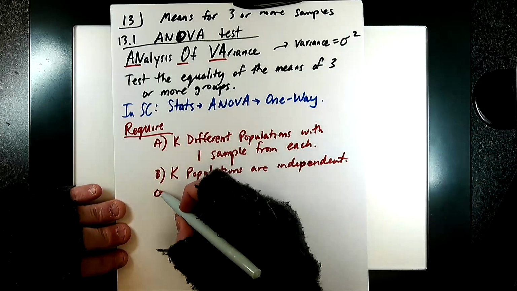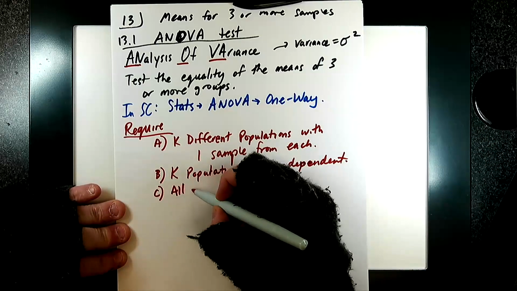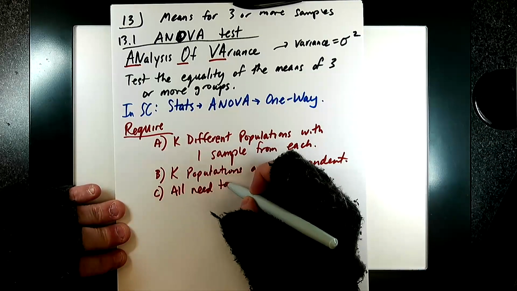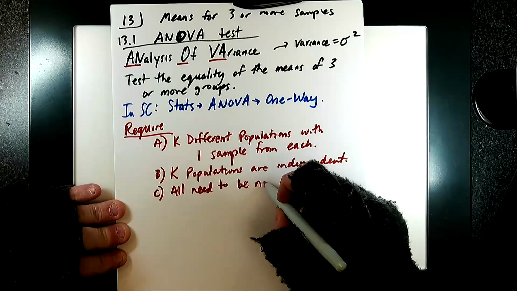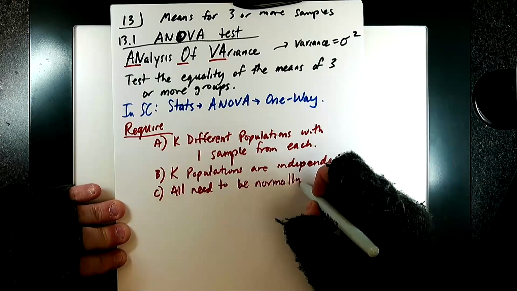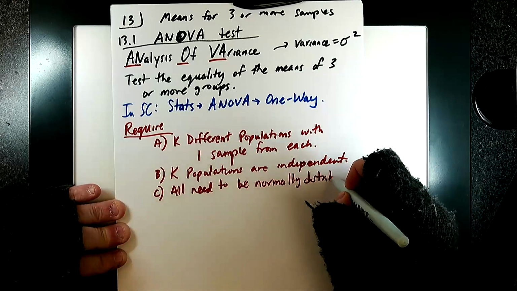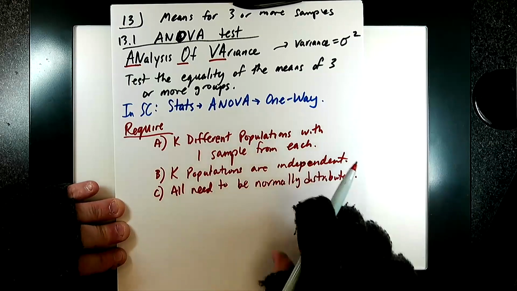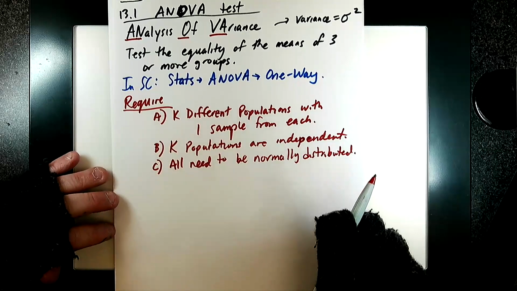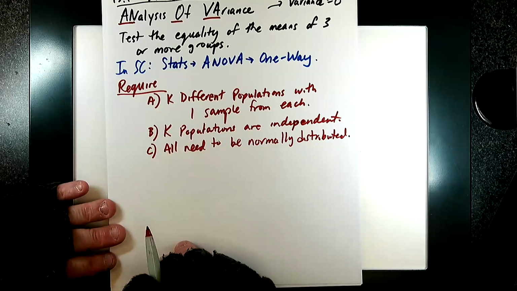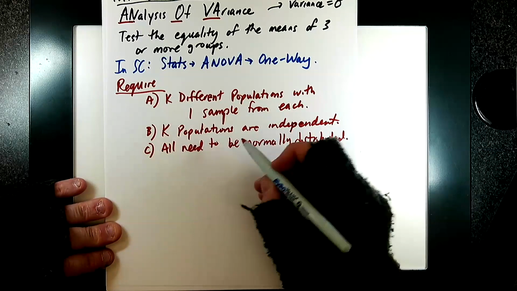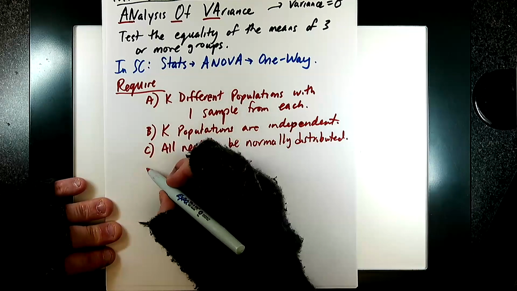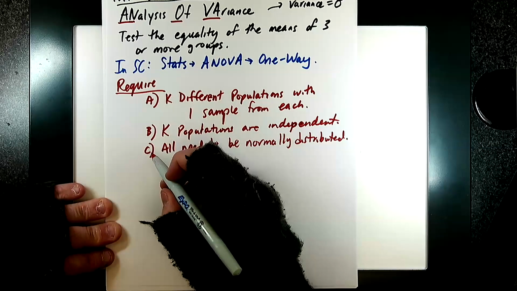And they also all need to be normally distributed. You can watch the lecture video on this to see how to check for that if you need to. On the test, you're just going to assume that's the case.